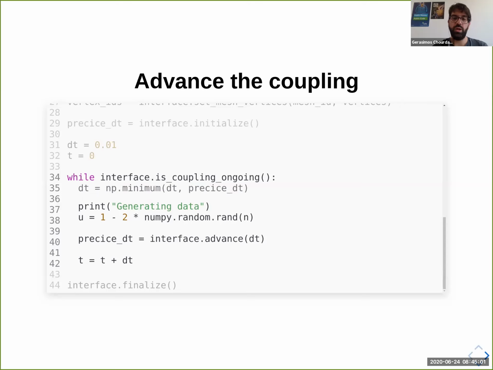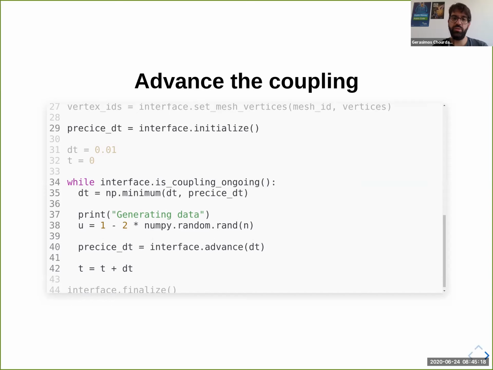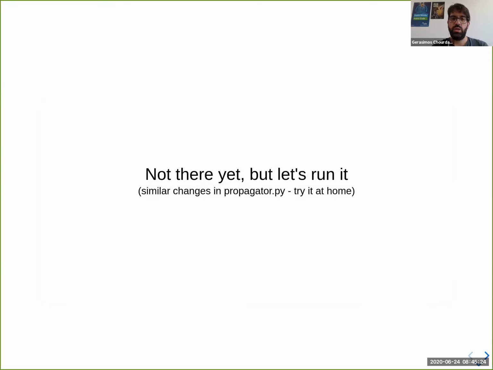Therefore, we need to take the minimum of the time step that preCICE wants us to do and the time step size that the solver wants to do. So we need to be able to override the time step of the solver. And this is also returned at initialization.